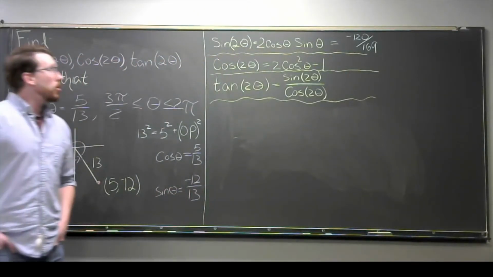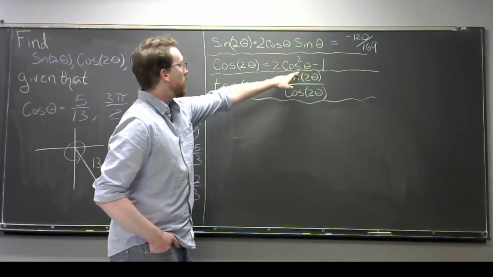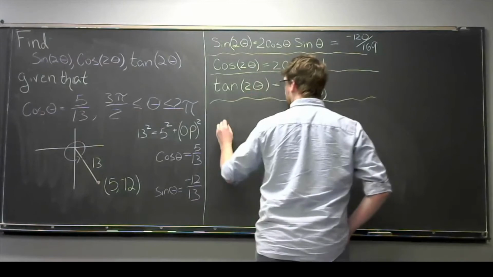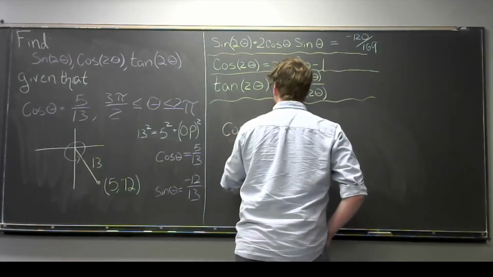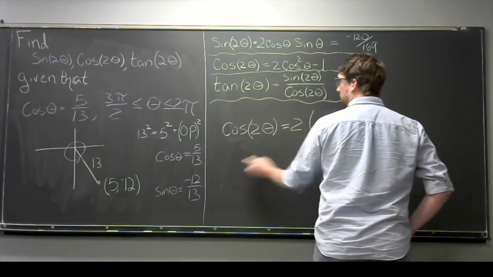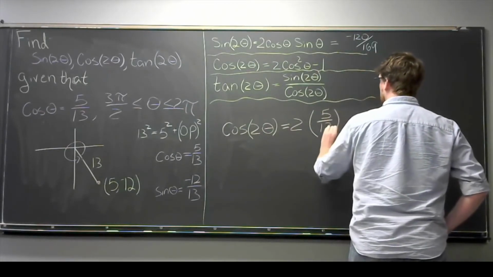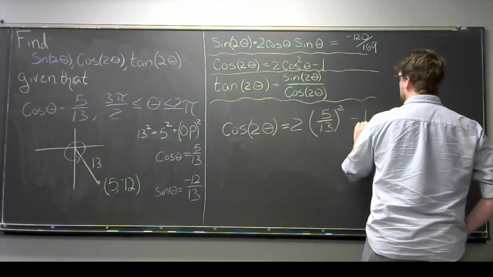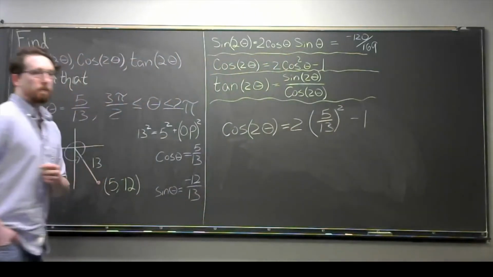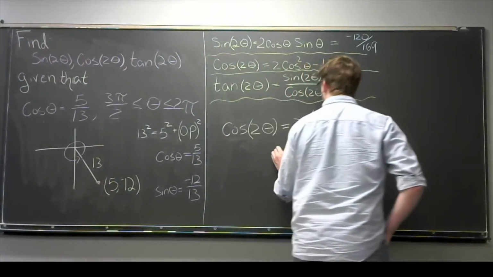So to find cosine 2 theta, now we're going to take 2 times cosine squared of theta minus 1. So cosine 2 theta is equal to 2 times cosine squared, so 5 over 13, squared, minus 1. From here, we're going to square everything.